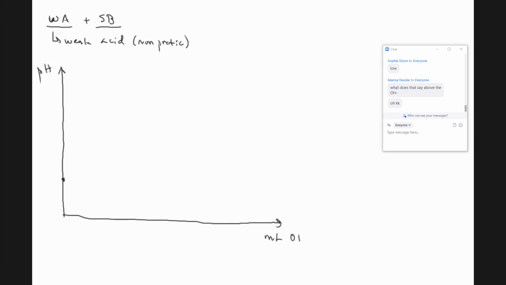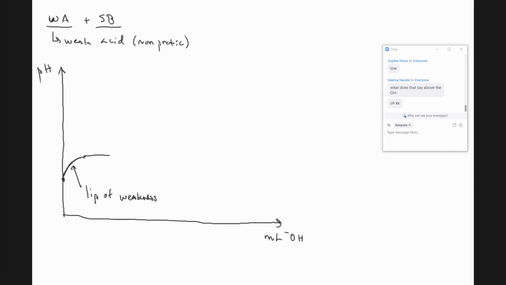This is mL of OH minus, your titrant. And then it has this curve. This is commonly referred to as the lip of weakness. It doesn't dissociate, non-protic by itself. That's what non-protic means. So this curve here is what we call the lip of weakness.